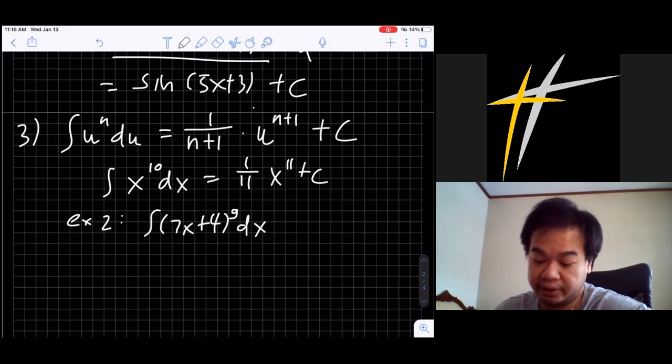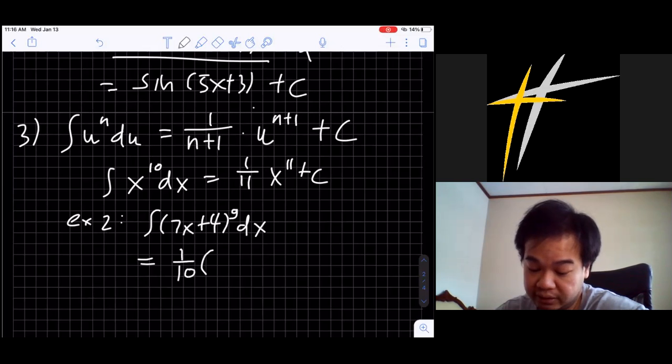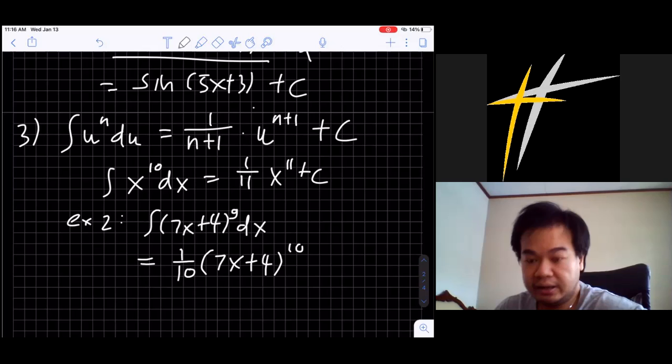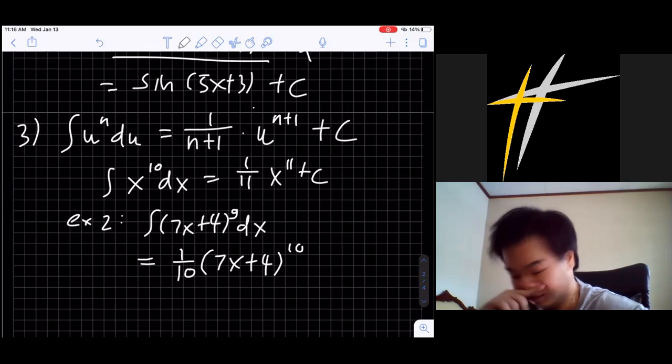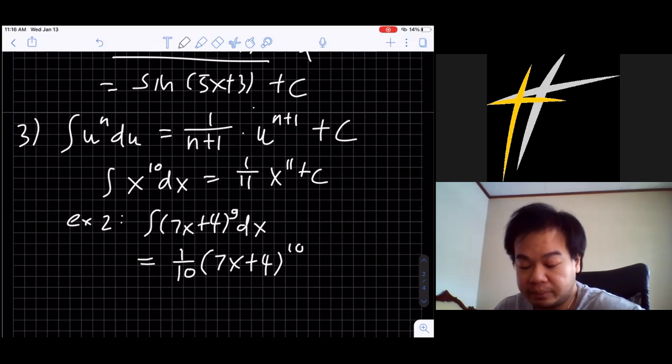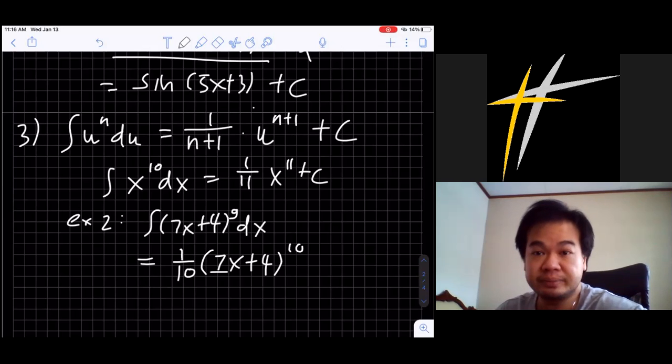So of course, we can just do the outside function first. It's power of 9, so it's 1 over 10, 7x plus 4 power of 10, right? And then if you try to derive, it does not become 7x plus 4 power of 9, but there is the times 7 as the derivative of the inside function. So you need to multiply with 1 over 7 to cancel the multiplication with the derivative of the inside function.